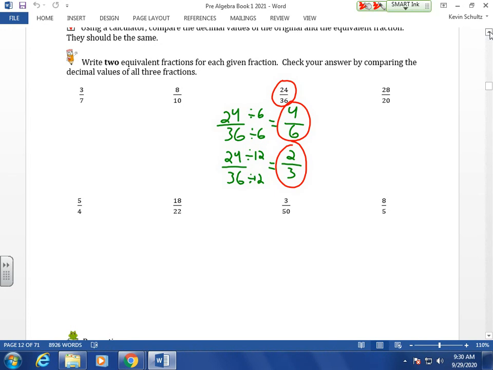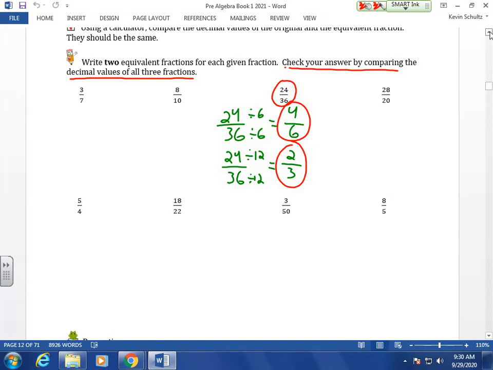And the directions say you can check your answer by comparing the decimal values of all 3 fractions. How do we get the decimal value of a fraction like 24/36, where 36 doesn't really go into 100 evenly? So we can't use the method that we talked about back in CO2. What can we use instead? 4 divided by 6, right?